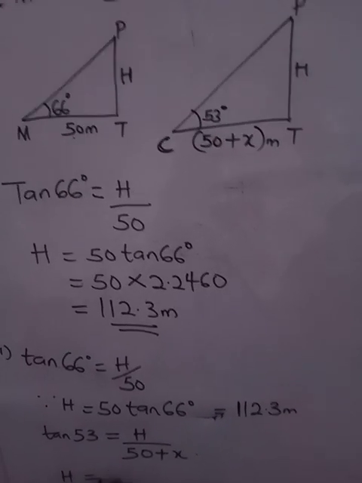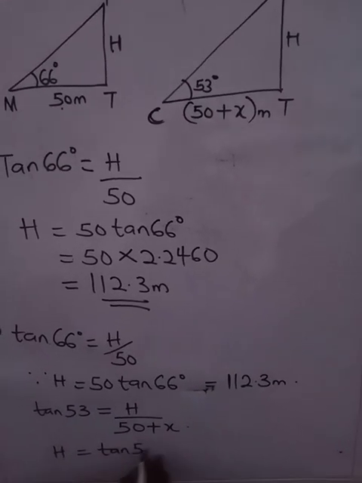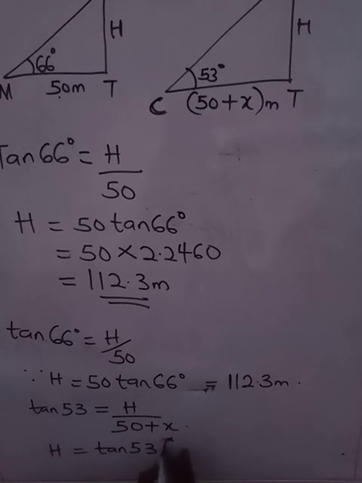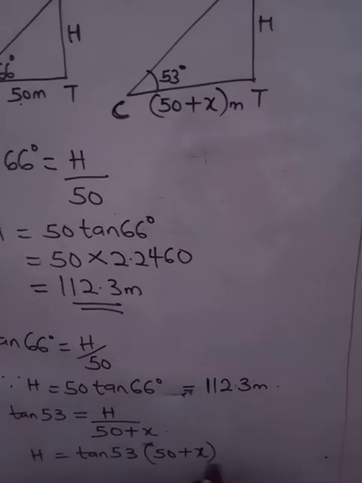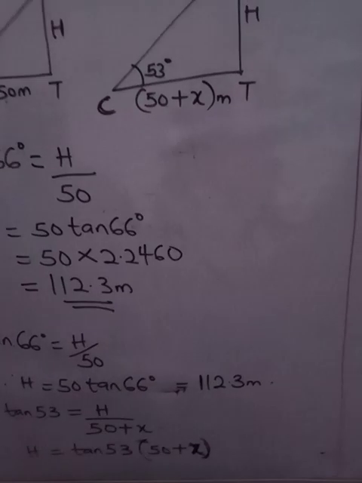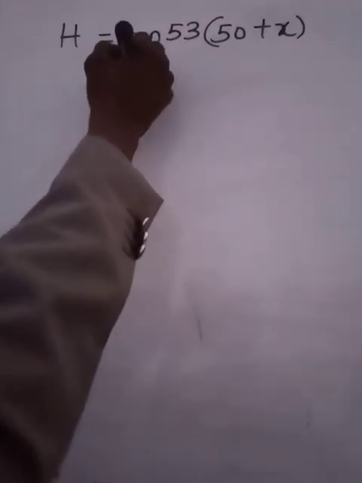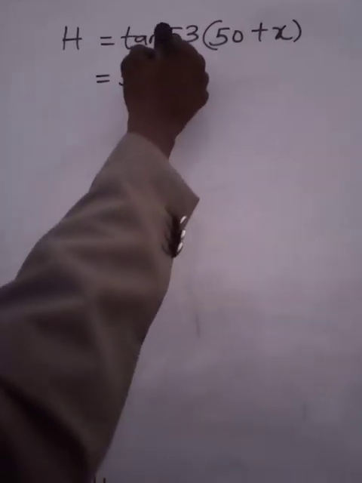So h will definitely be tan 53 multiplied by 50 plus x, will be tan 53 bracket 50 plus x. So when you expand that, that will be 50 tan 53 plus x tan 53.